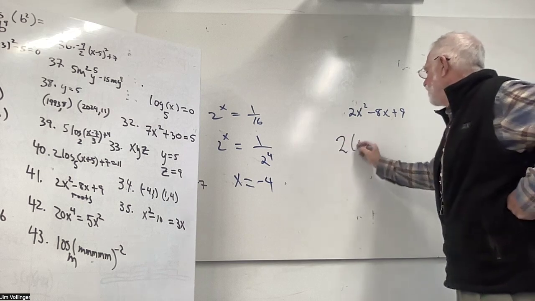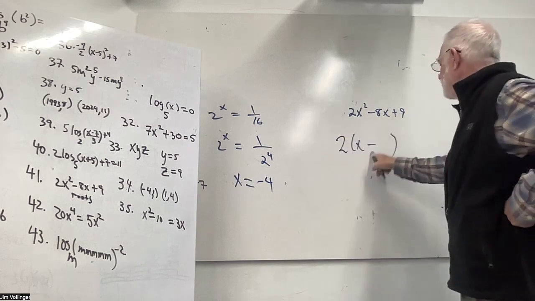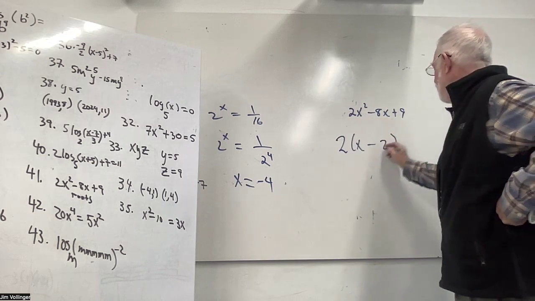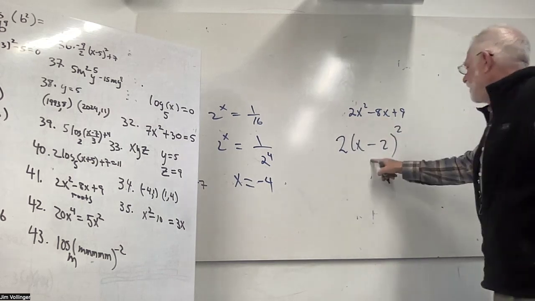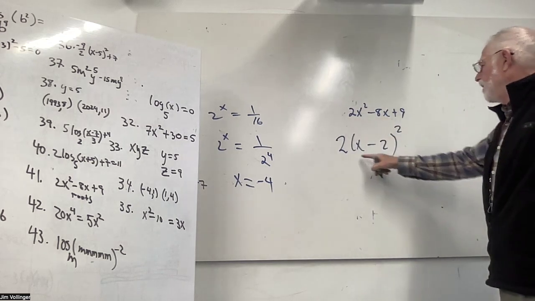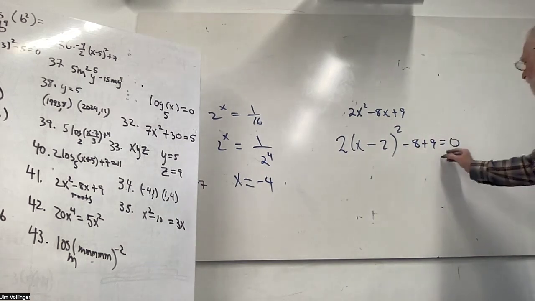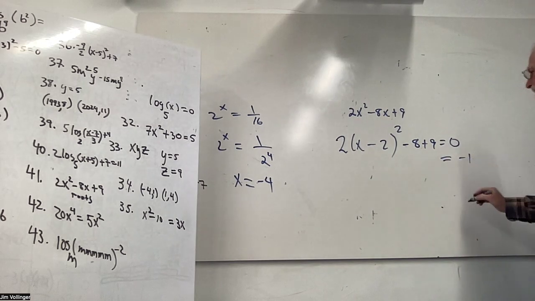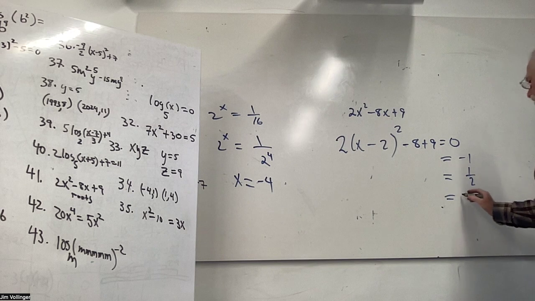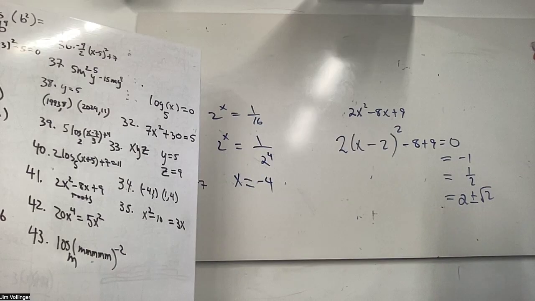So I'm going to do 2x minus, I know if they're opposites, it's a minus. 8 divided by 4 is 2, 2 squared. If I put a 0 in, that gets me 4, 8. I don't want that 8, I want 9. Now I'll set that to 0, and I've got -1 on this side. I've got 1/2 here, and then I've got 2 plus or minus, and I know the square root of a half is √2. So I hope I'm right.